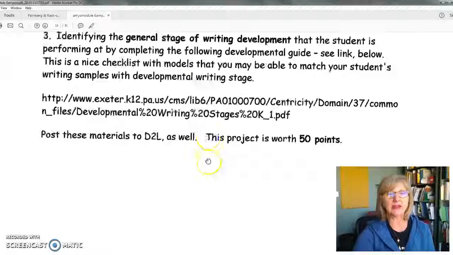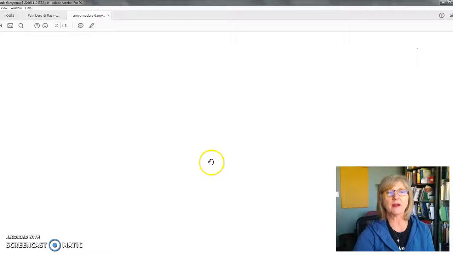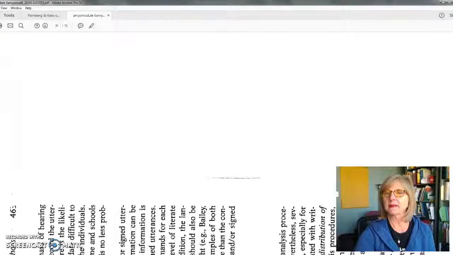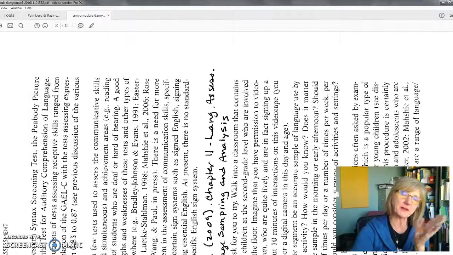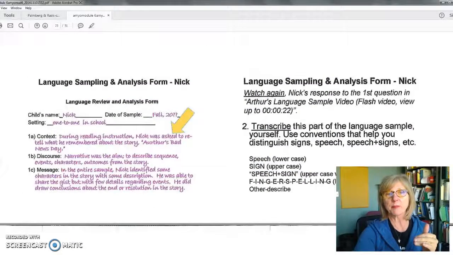So what I want to get to next then is to look at, here is, in fact, the chapter. I'm sorry it's on the side, but when you print it out, it'll be easier. This is the chapter on language sampling analysis. This is a PowerPoint that just walks you through what I did for Nick and how you do this.